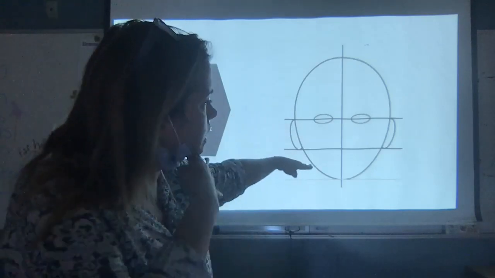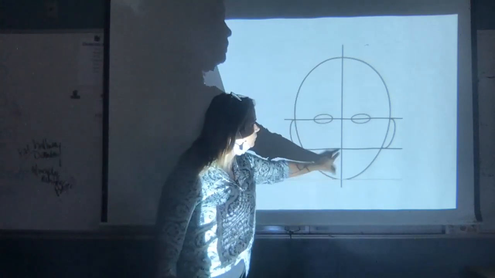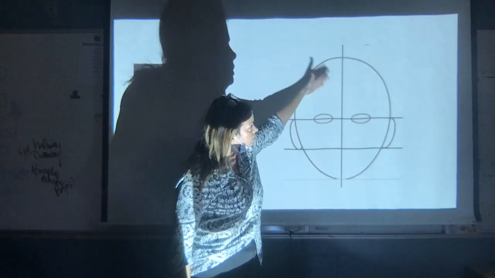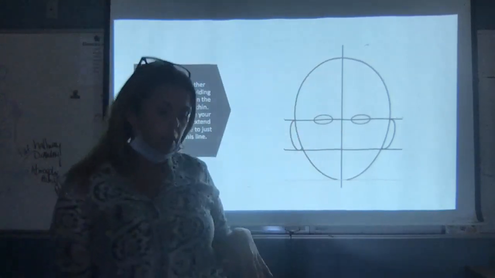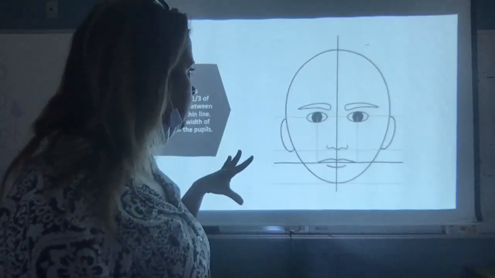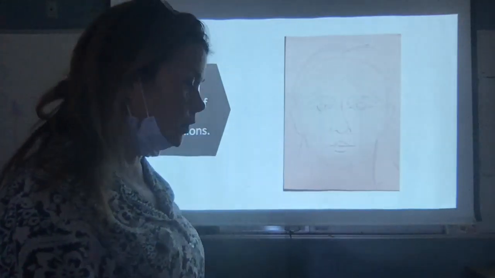We divide it in the chin right in half. So this is half right here, half, half. So from here to here, this is a half line. We also do that up there with the hairline. So it's very, very simple. And you're just going to lightly add in all your other features. And that's it. So that's what we're doing today.